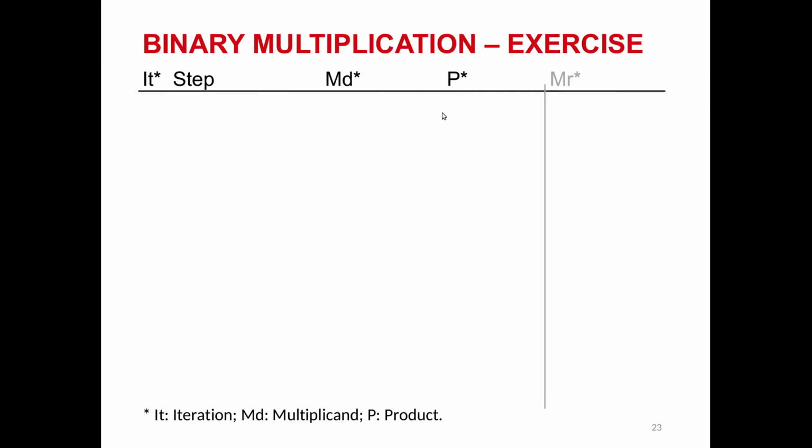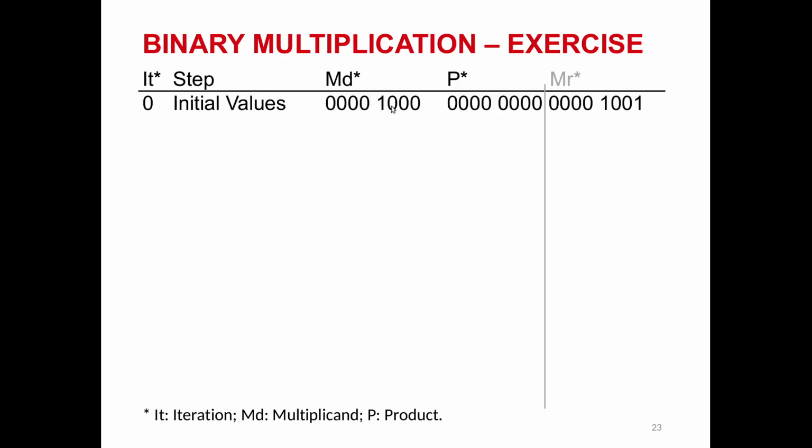So in order to make it clearer, I will draw a dim line here to separate the high 8-bit part, or the most significant 8 bits of the product, and the lower part, the less significant 8 bits for the multiplier.